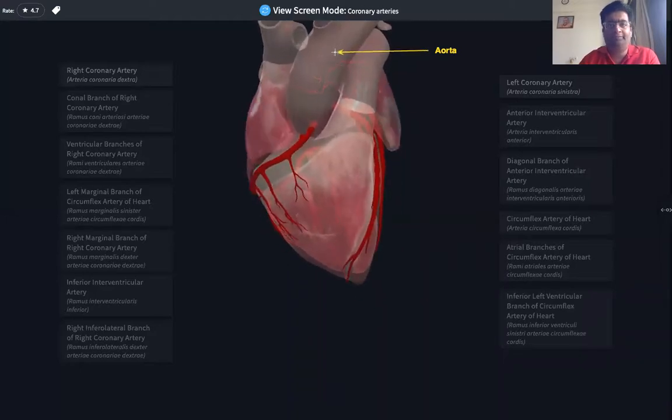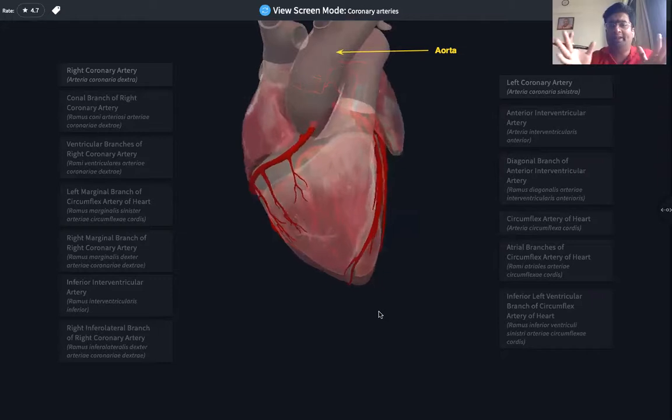So that's the aorta. And you all can see that the immediate branches of the aorta are the coronary arteries. So these coronary arteries arise from the base of the aorta. That's the location, the base of the aorta. That is from where they arise.